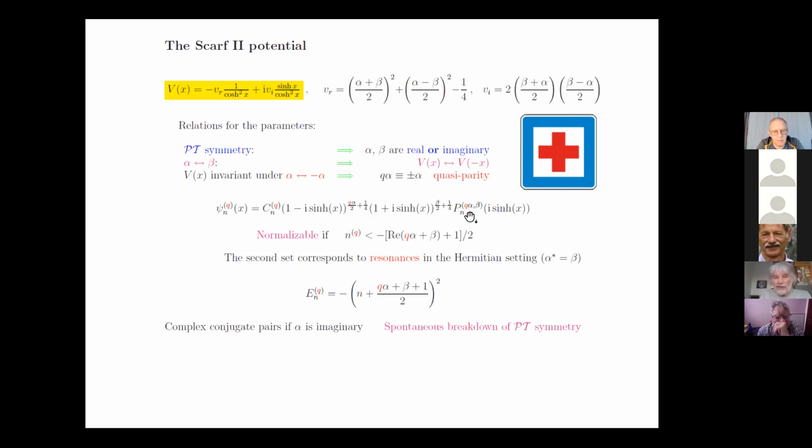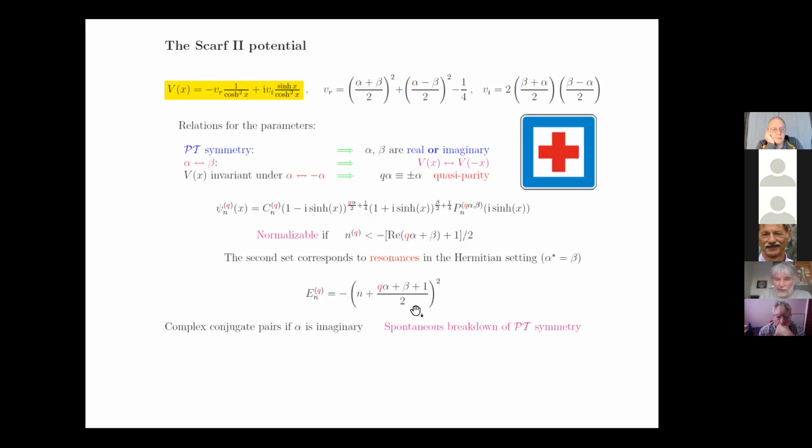So the wave functions will have different structure for plus and minus values of Q, the quasi-parity. And this will also show up in the case of normalizability. So there will be two sets of eigenfunctions identified by the n principal quantum number, and both will start with 0 and build up.